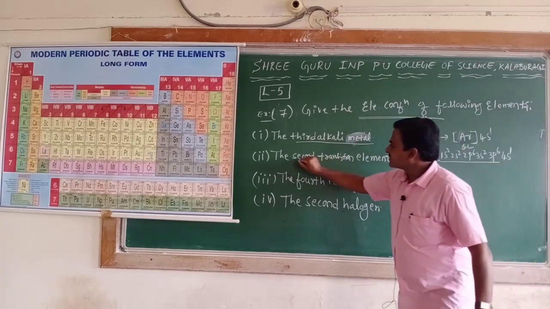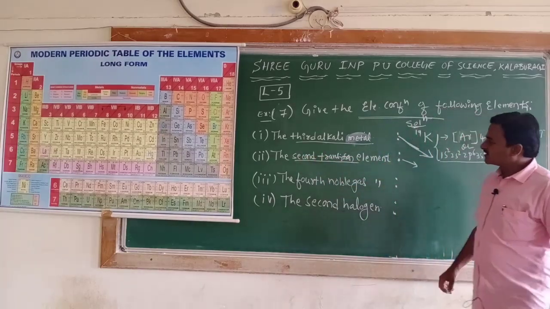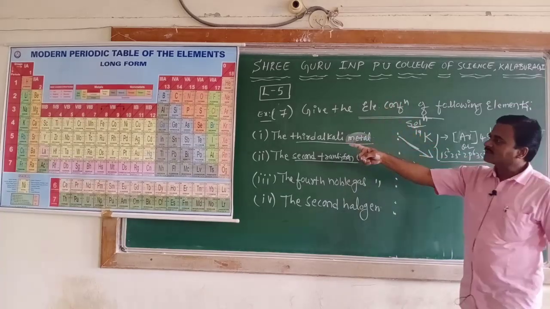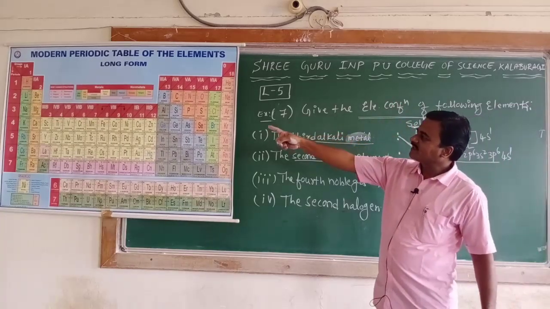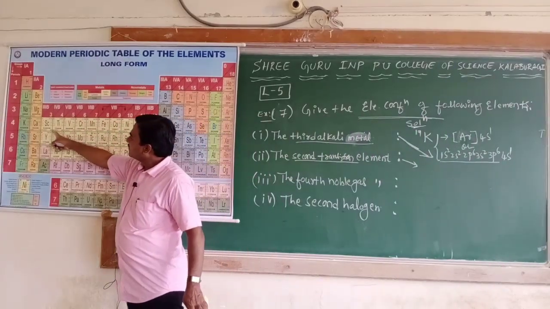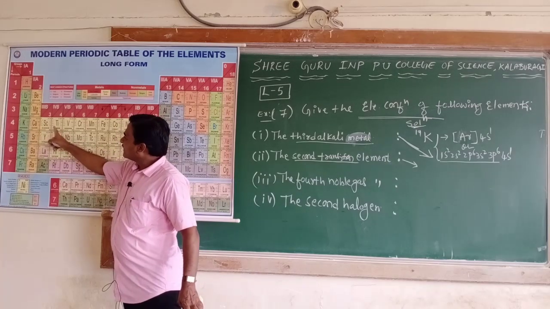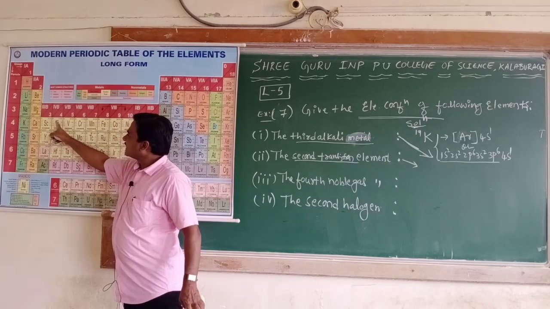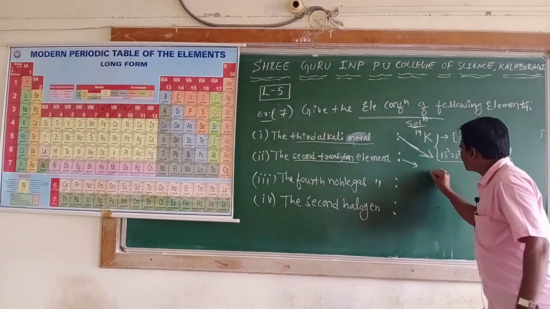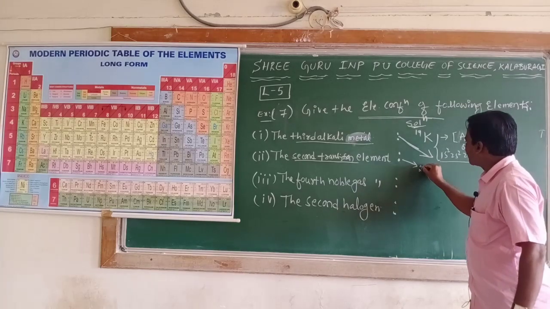Now the second transition element. The first transition element begins with the third group, with scandium, atomic number 21. The second is titanium with atomic number 22.